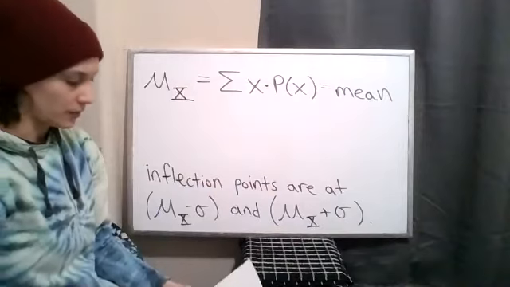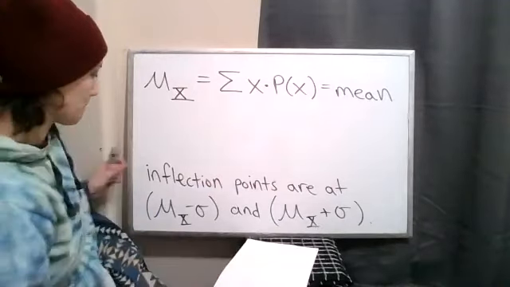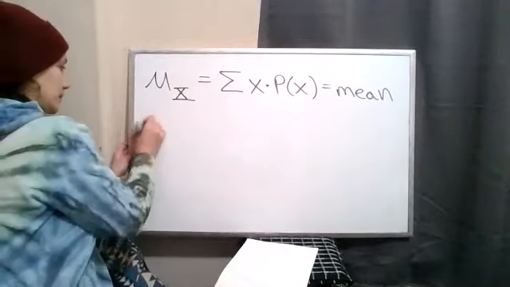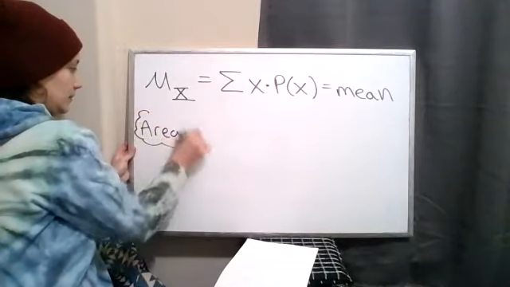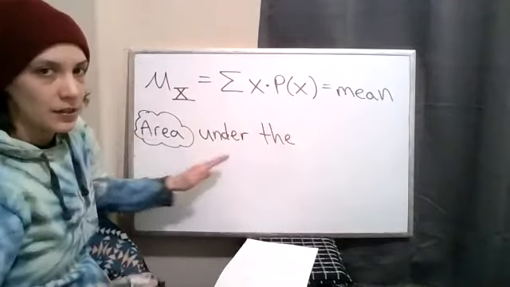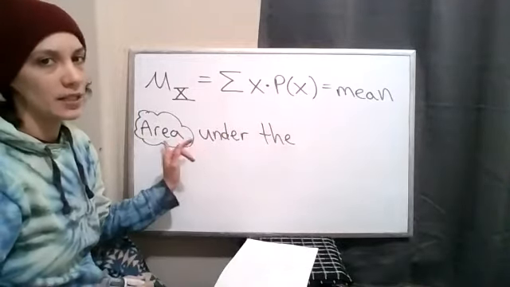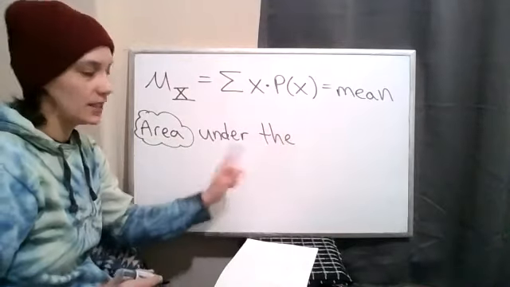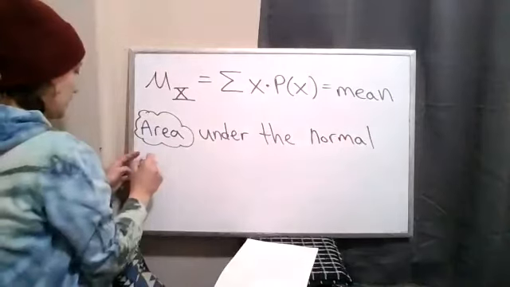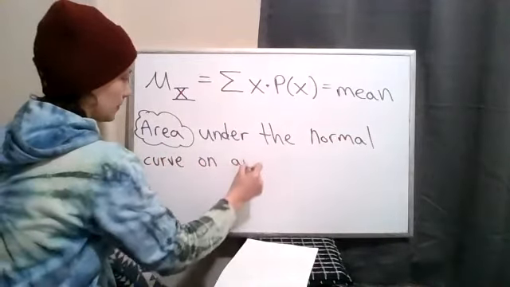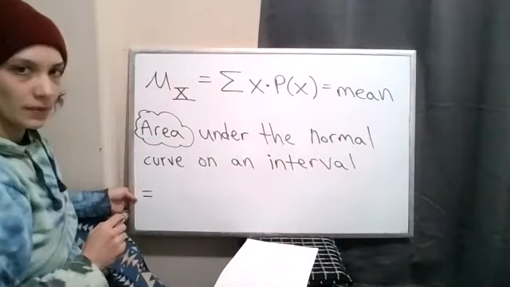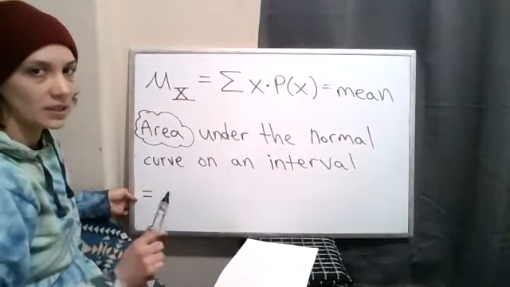And now I want to talk about area under the curve. The area under the normal curve on an interval is equal to the probability of observing x on that same interval.